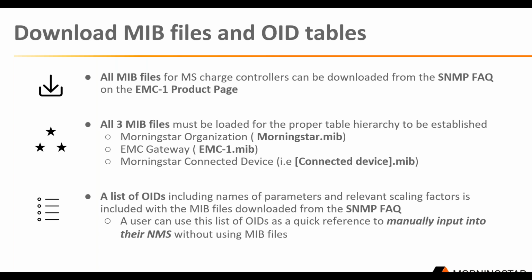So if it's the SunSaver MPPT, you'll want to use the appropriately labeled MIB there in the zip folder for the SunSaver MPPT. Once all 3 of those are uploaded into the MIB importer, then it can actually resolve all the data it needs to identify each device.